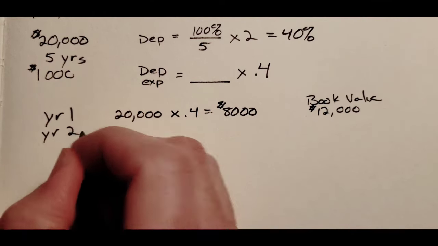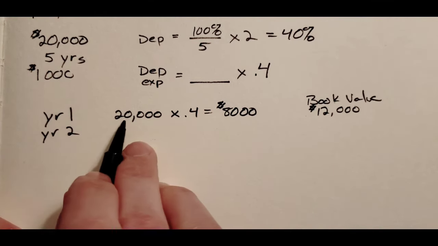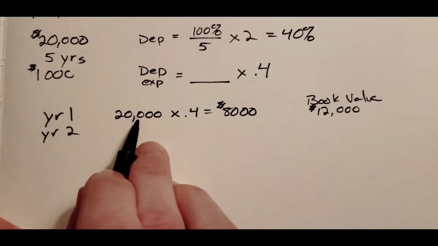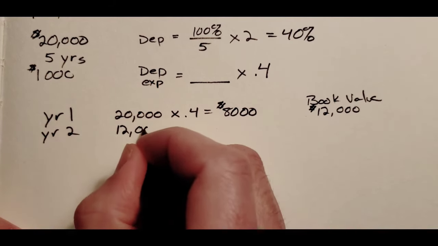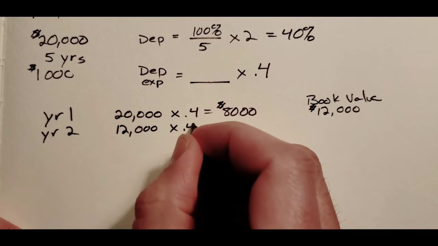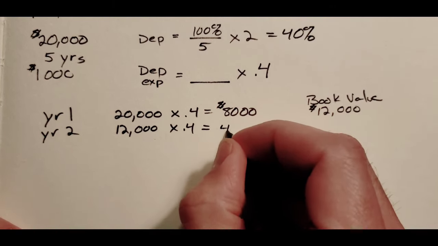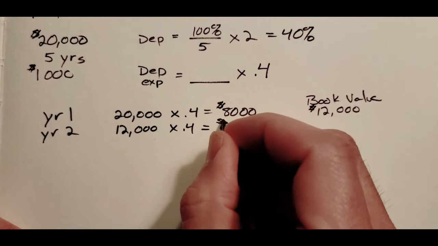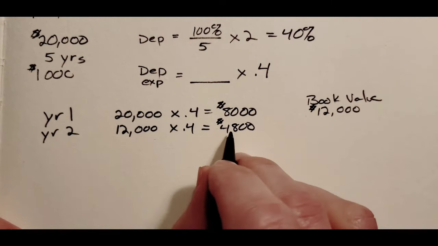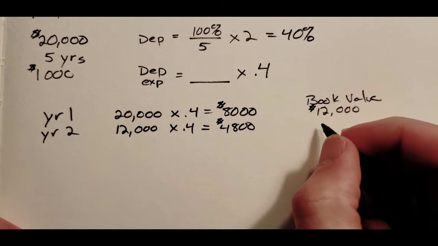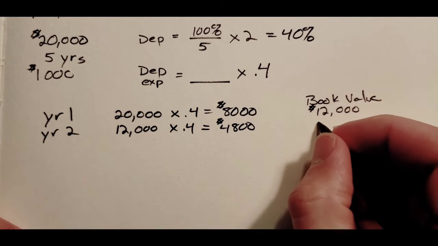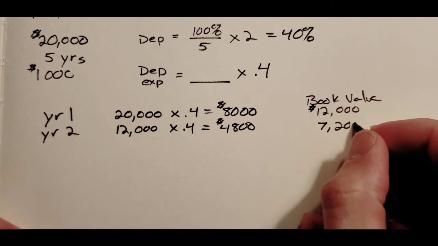Now for year 2, we just continue that process, but we don't start with $20,000 because that's not our book value anymore. $12,000 is. So 12,000 times 0.4 gives us $4,800. If we take $4,800 away from the book value from the year before, we get our book value at the end of year 2, which is $7,200.